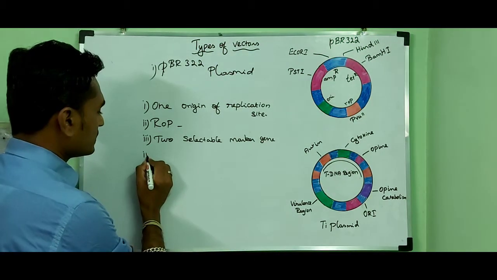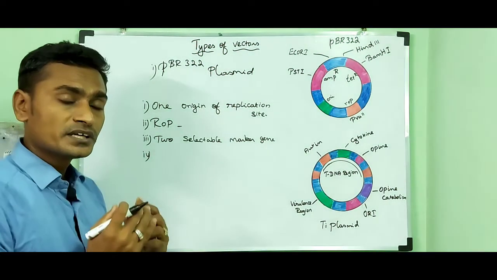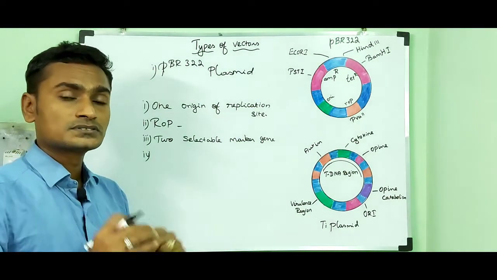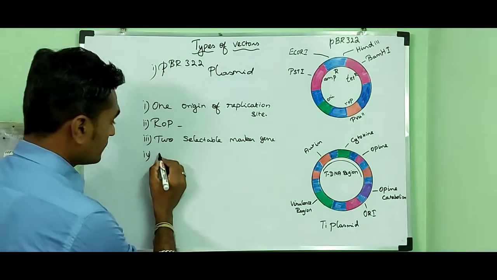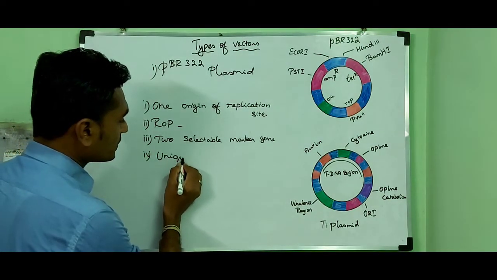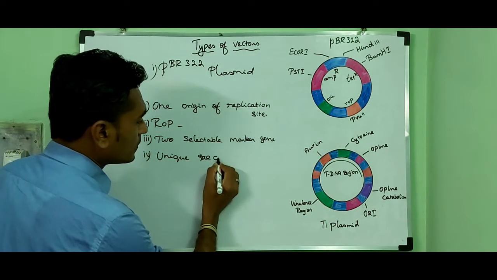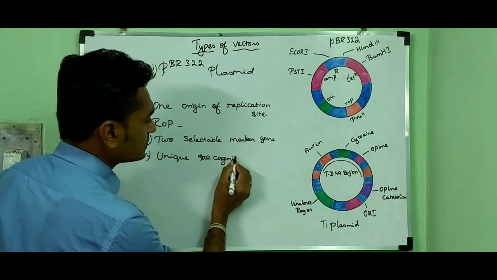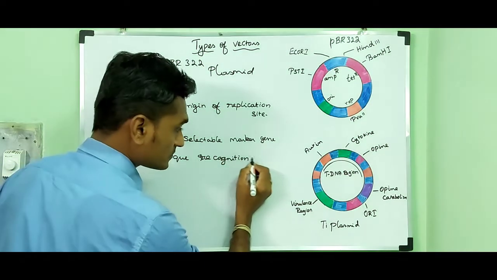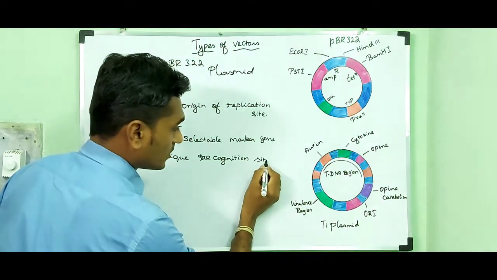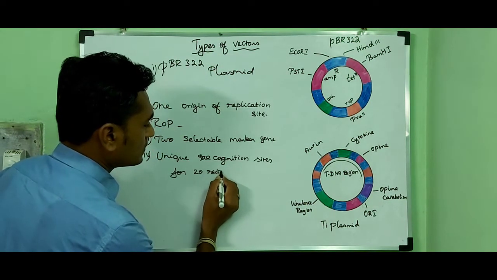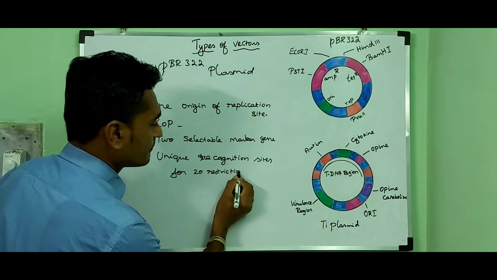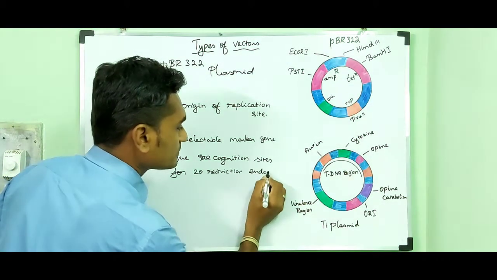Then it contains unique recognition sites for 20 restriction endonucleases.